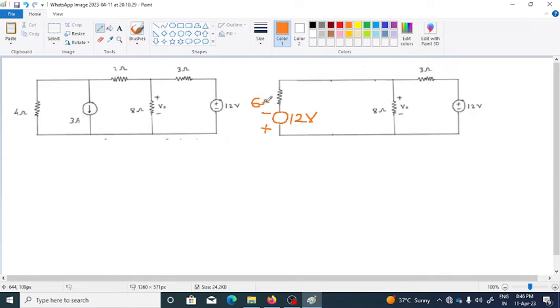This is 6 ohm resistance, right? Because the 4 ohm and 2 ohm are now connected in series, right?